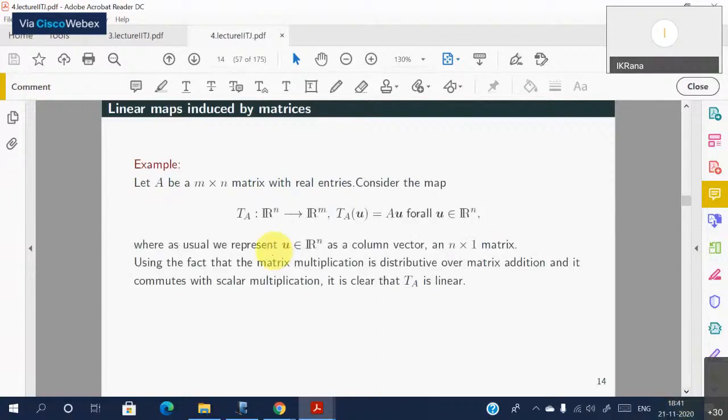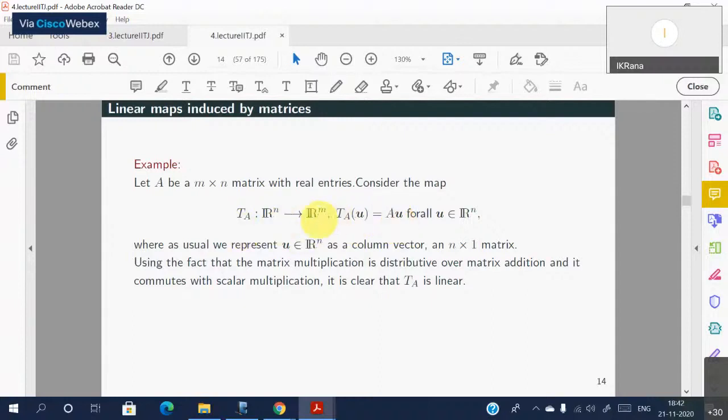Related with matrices, if you have a matrix A which is m cross n, then you can introduce a transformation by A. So TA is the linear transformation given by A. TA of U is A applied to U. If A is m cross n and U is a vector in Rn, then AU makes sense and you get a vector in Rm.